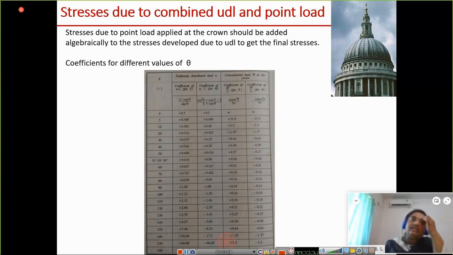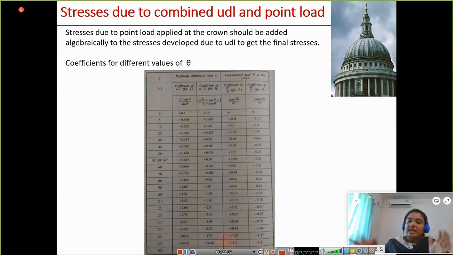So you may think that for the beam, we have WL square by 8. But then for this one, why do you need to go for different values of theta? Because we know that the maximum value for the stresses happens at the center point in the case of bending moment, or in the case of flexural loading.